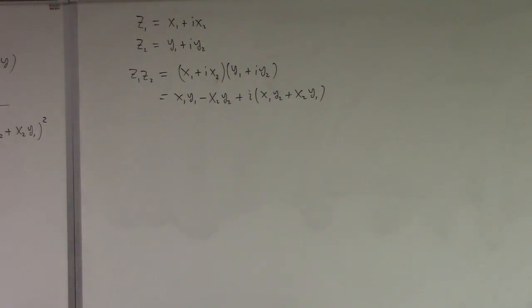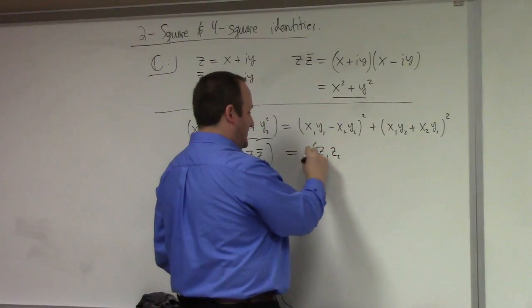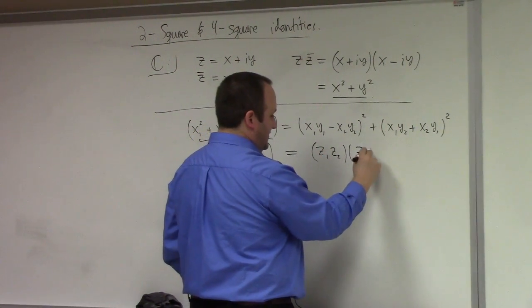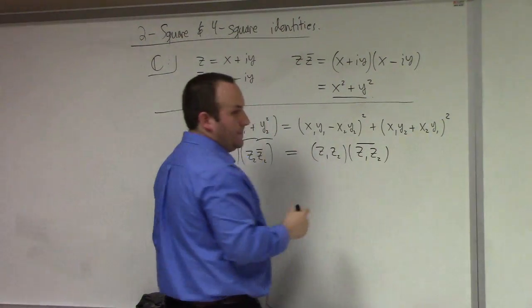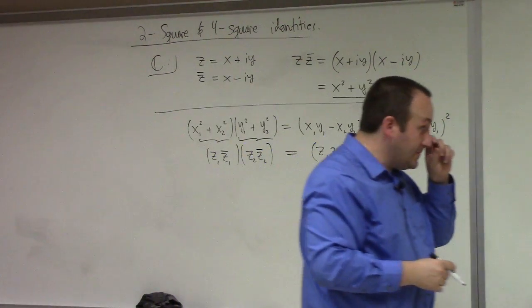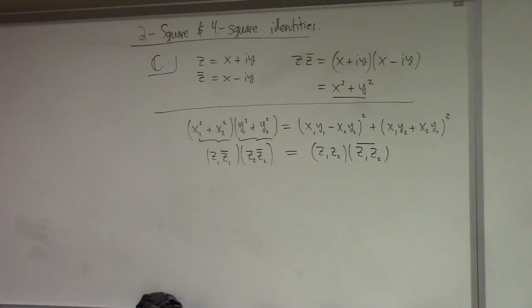And what's the other side? The other side is Z1 Z2 times Z1 Z2 bar, because it's exactly the length of this complex number squared.